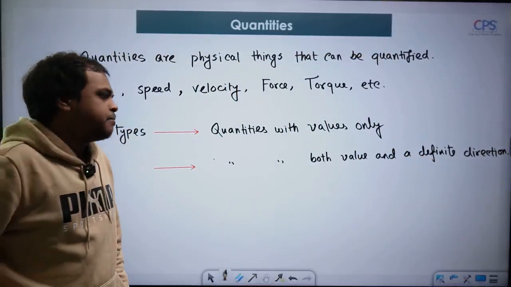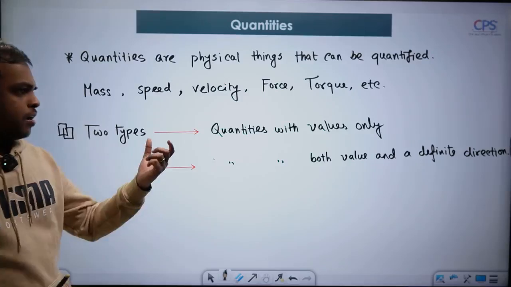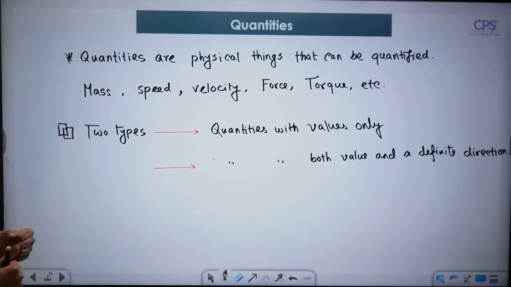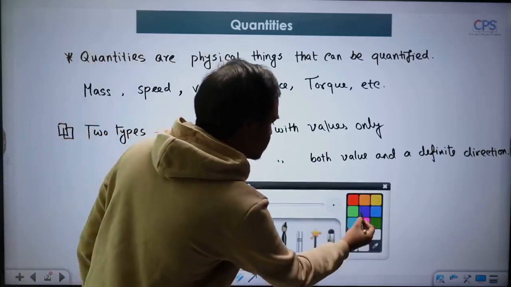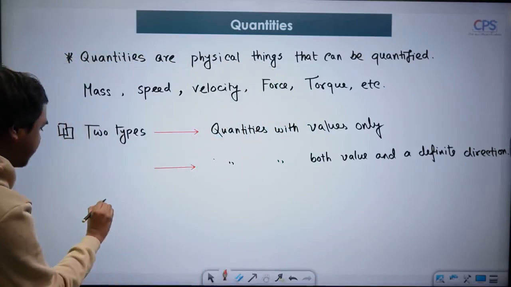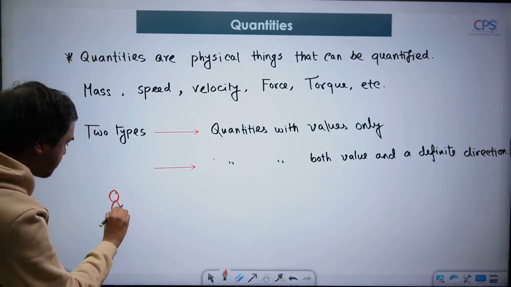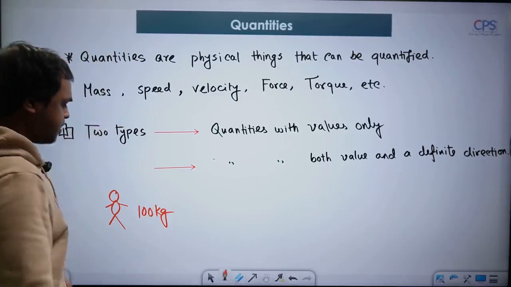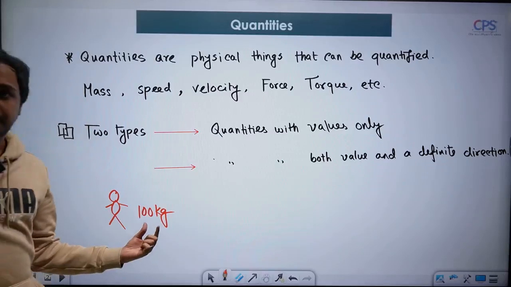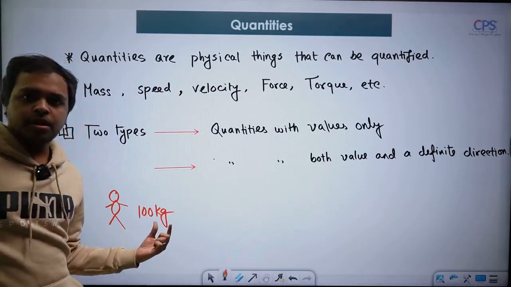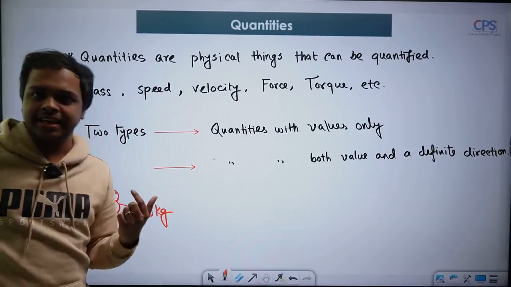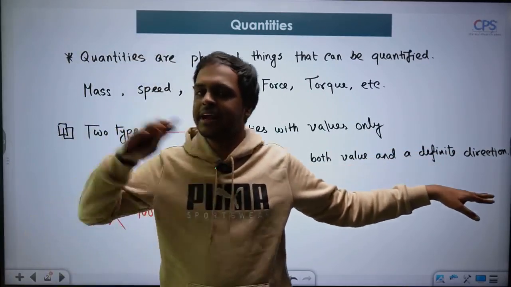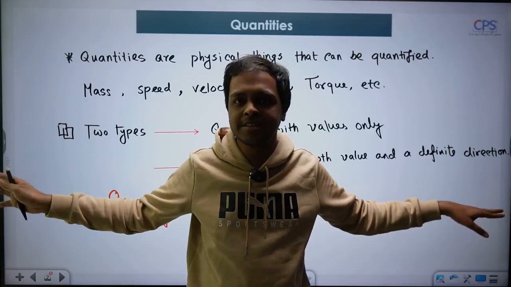Okay, let's make things easier for you. Take quantities with value only: mass only has a value. Let's say this person has a weight of 100 kgs. His mass is 100 kg, but it has only the value, not any direction. We can't say that in the right direction he has a mass of 100 kgs and in the left direction he has a mass of 50 kgs. That's not possible.